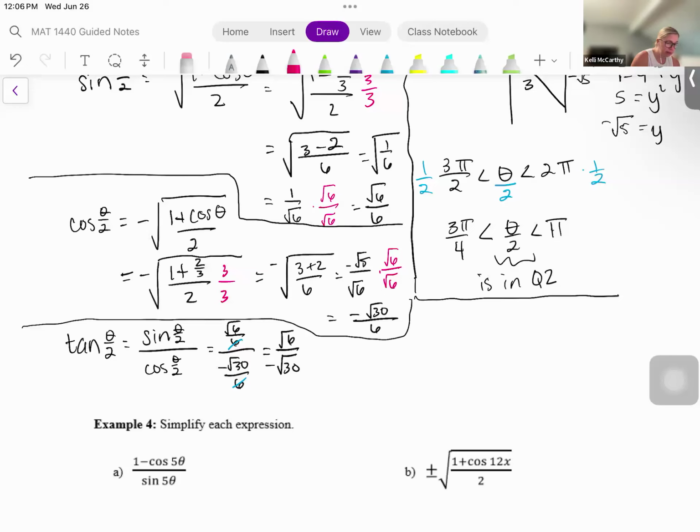Or we could simplify this. Let's look at simplifying this. Since we've got a radical divided by another radical and they both have the same index, we can write these back as one radical. So this is negative square root of 6 over 30 or negative 1 times the square root of 1 over 5, simplifying that 6 over 30.